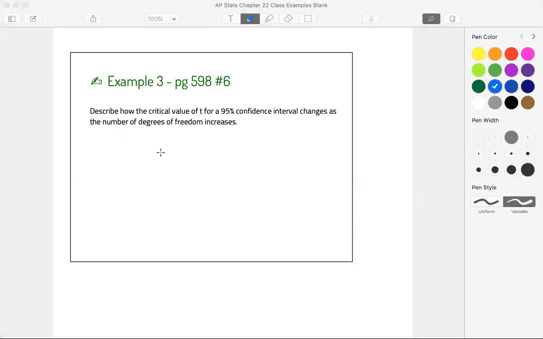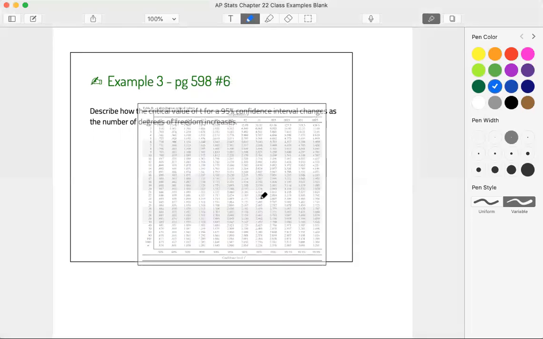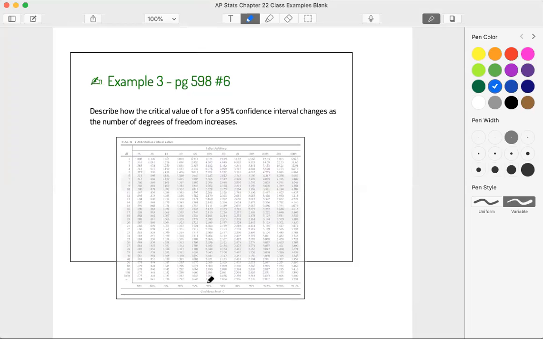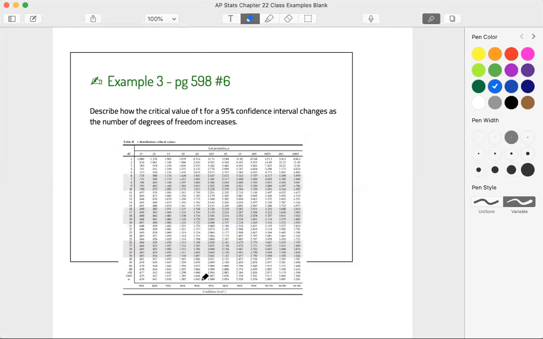Okay, so here we go. So here is a table. Let's see what's going on here. So here's the 95% confidence level. Here it is. And here are my t critical values.